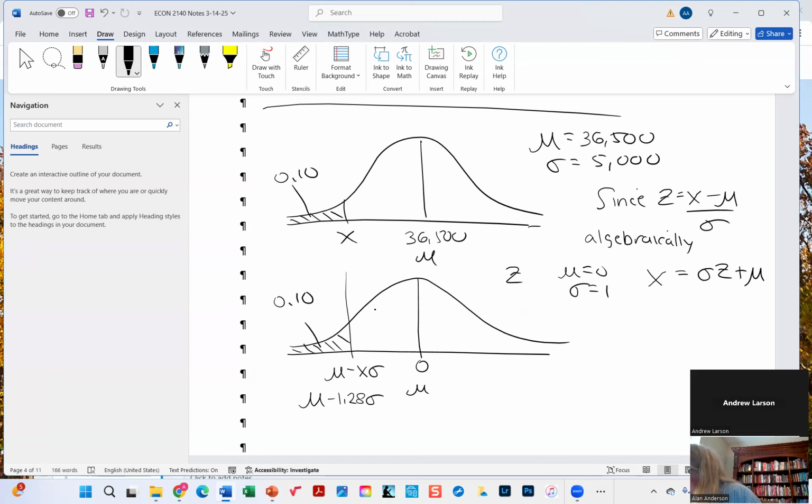Okay. So that means that we can solve this. The only thing is we still need the Z-score.